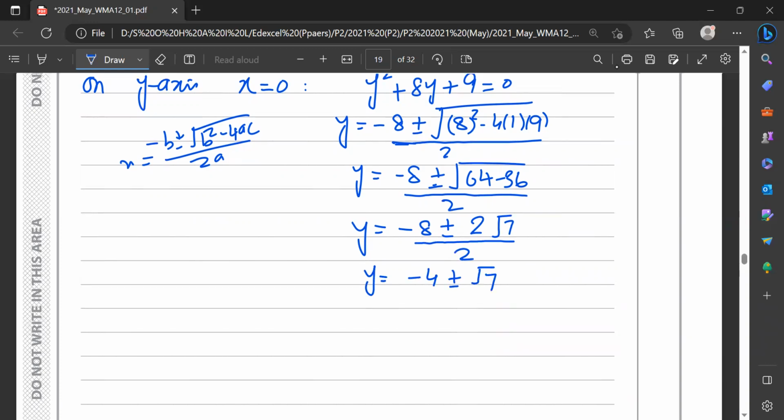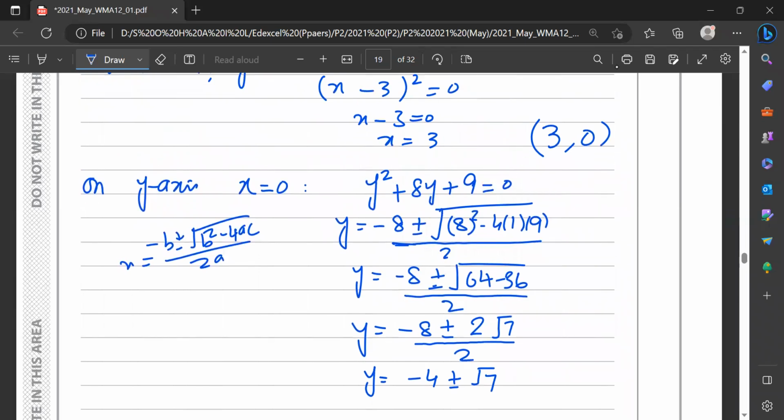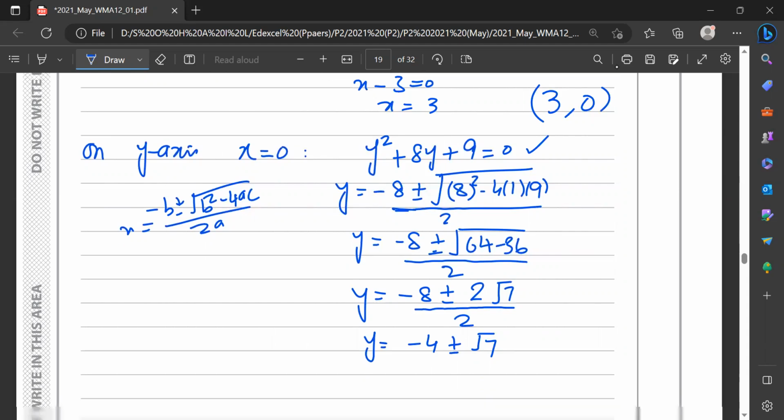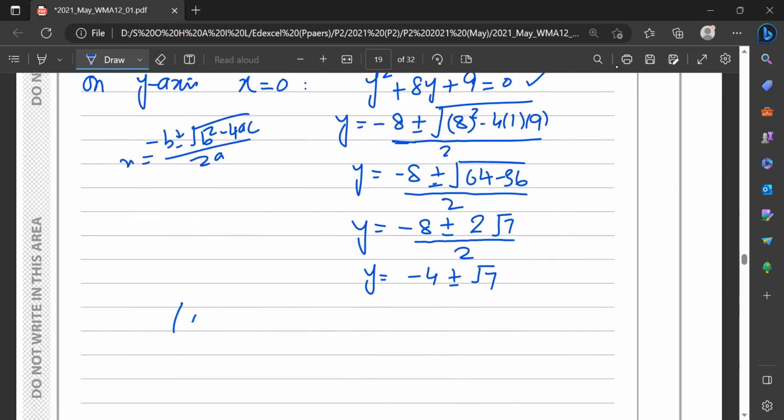Using the equation mode of the calculator you can find the answer directly, but it is better to show this working. So there are two values for y: minus 4 plus root 7, and minus 4 minus root 7. So the points are (0, minus 4 plus root 7) and (0, minus 4 minus root 7).